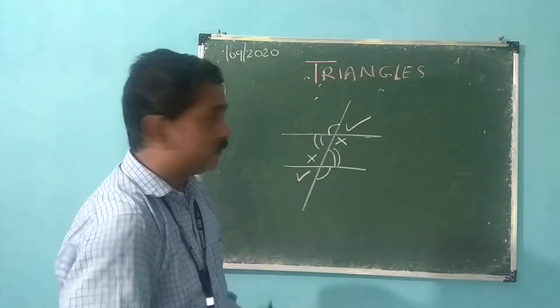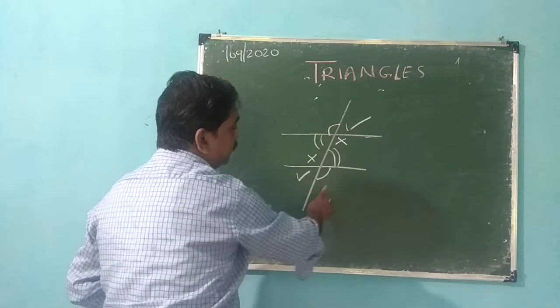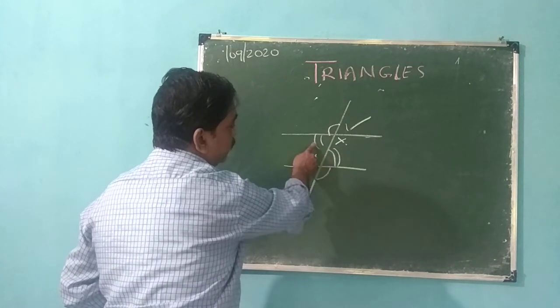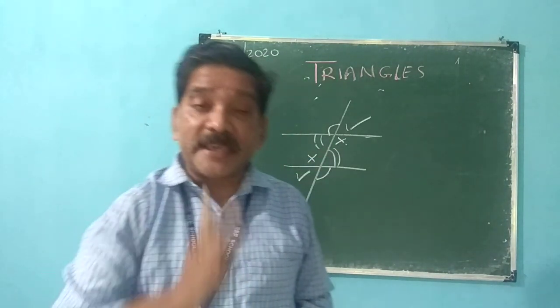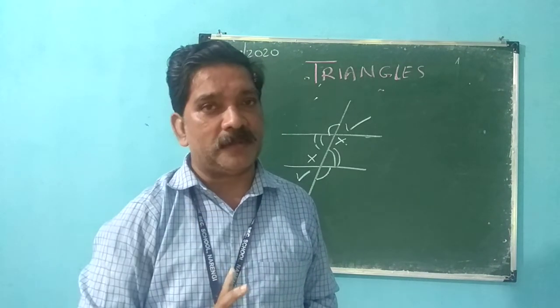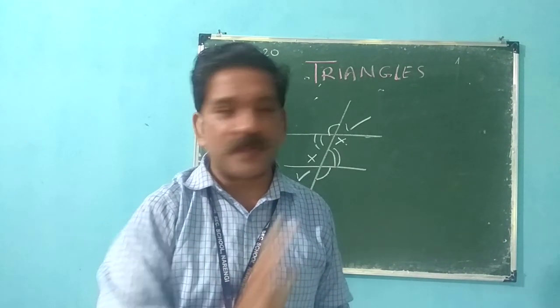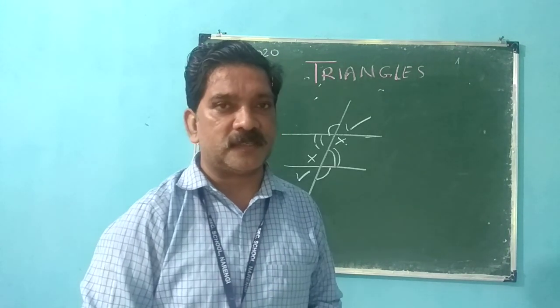To the other side, but they are exterior. These two are interior. These angles are equal only if the lines are parallel, otherwise they are not equal. They are simply alternate angles or corresponding angles.